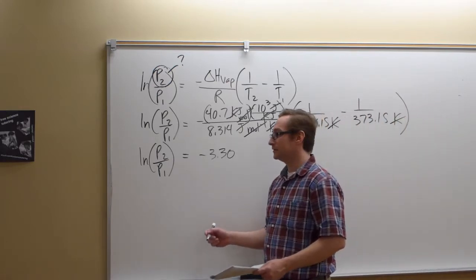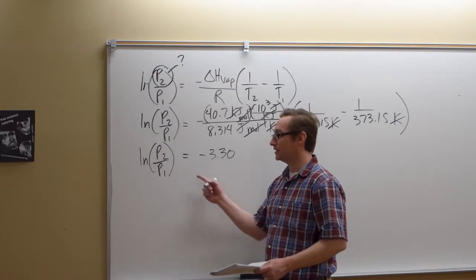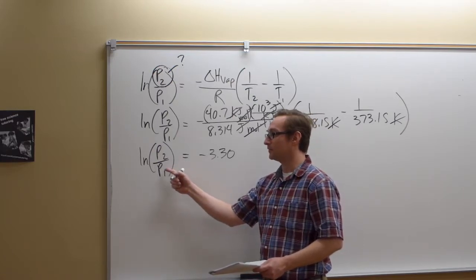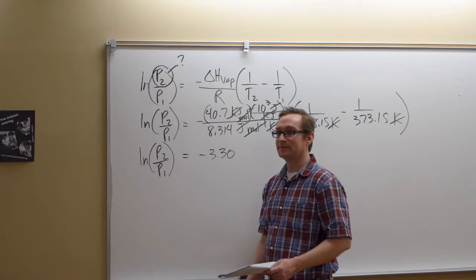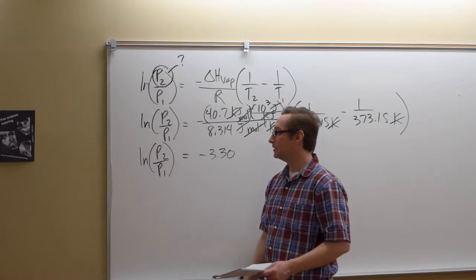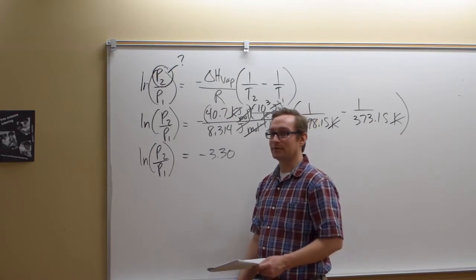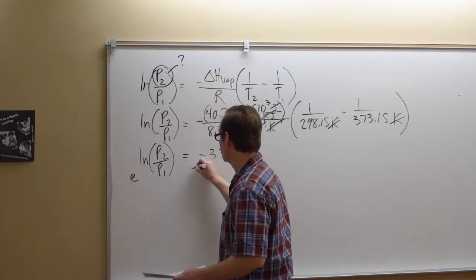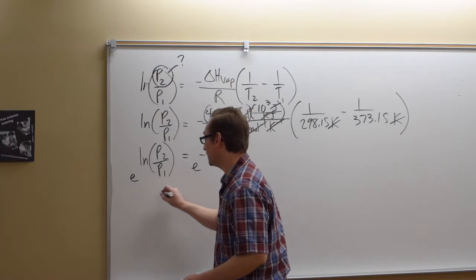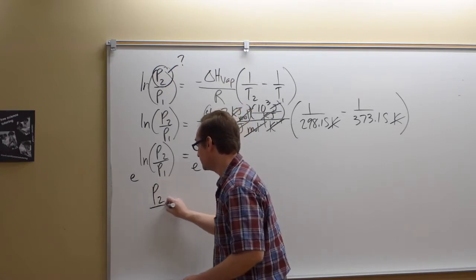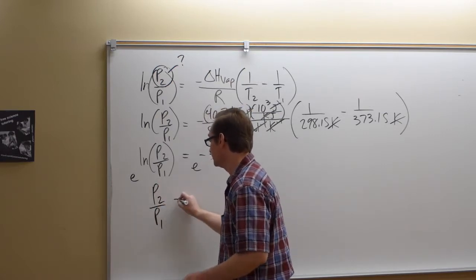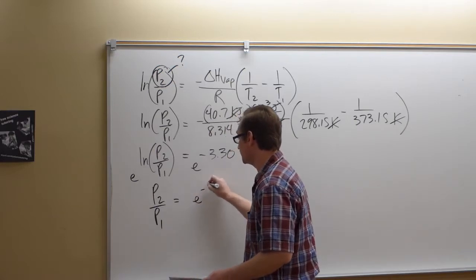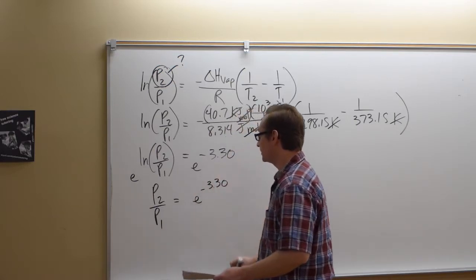So, testing your math knowledge here, how would we solve for P2 from this point? Yeah, take the inverse natural log, right? So you take the e to both sides, and you'll end up getting P2 over P1 equals e to the negative 3.30.